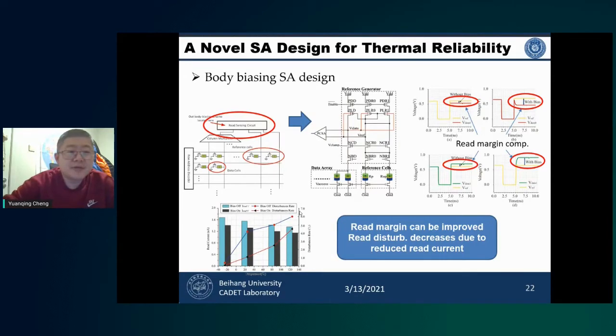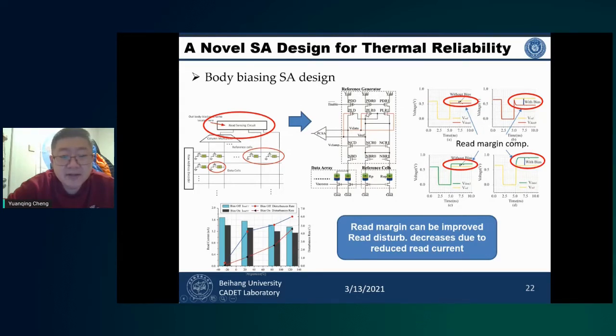So to deal with this problem, we proposed a body biasing sensing amplifier design. In the memory array, we use the feedback mechanism that is shown in the middle of this slide.